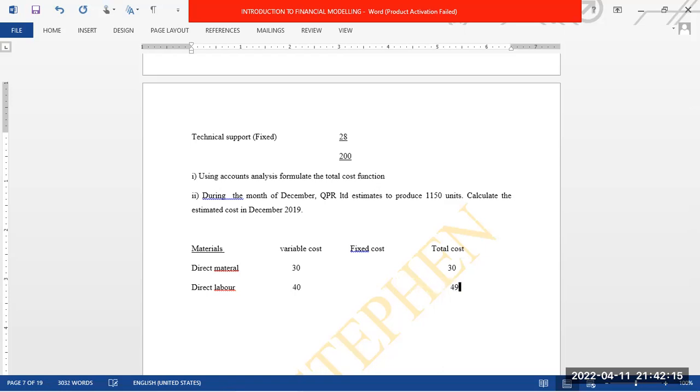So the total cost 40, that is direct material, direct labor.